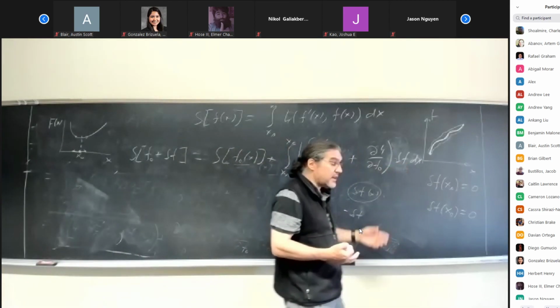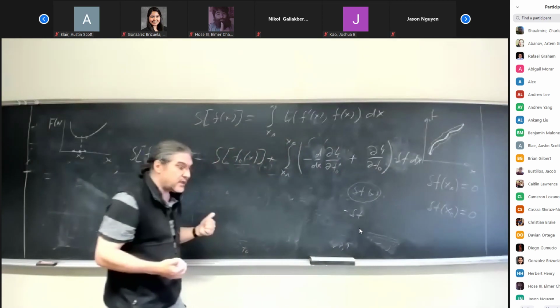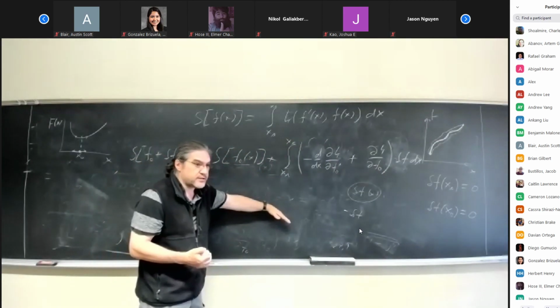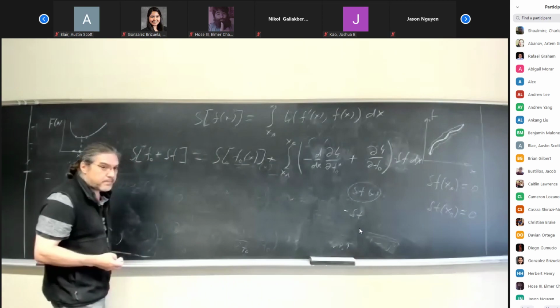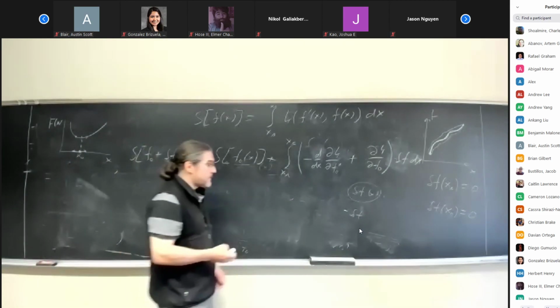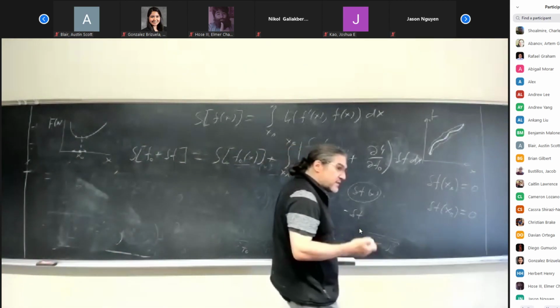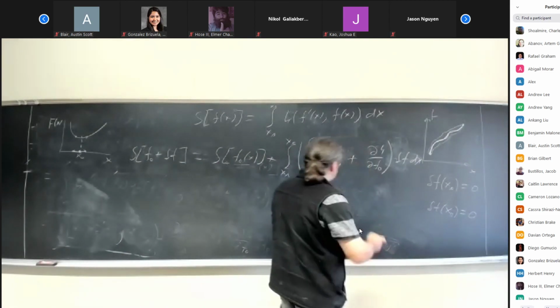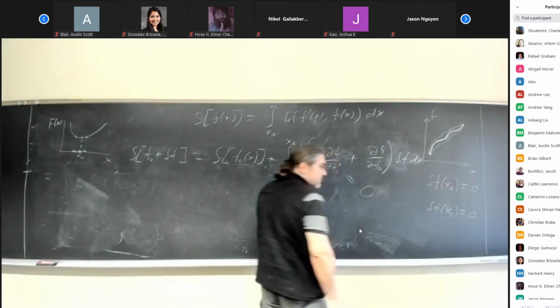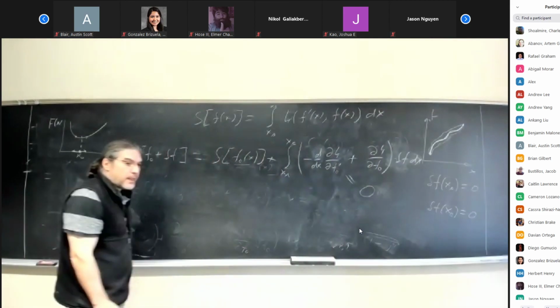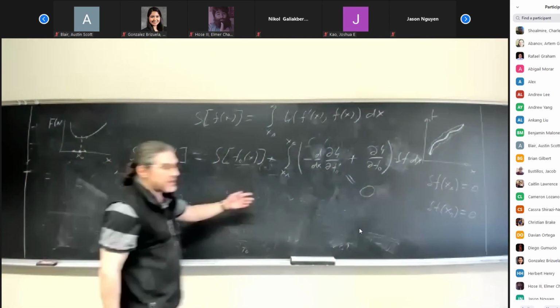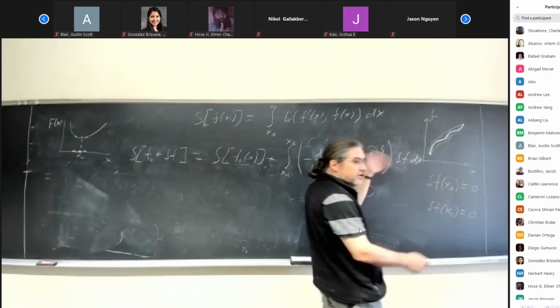So I can stick it here, but then the value will be negative, and it means that the value of the functional decreased. The only way to avoid this is to demand that this is 0. Then no matter what I stick in here, I get 0.